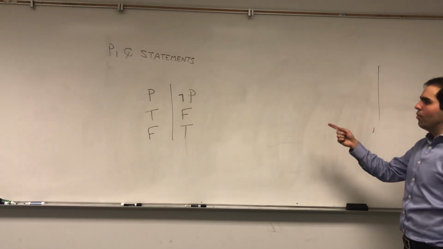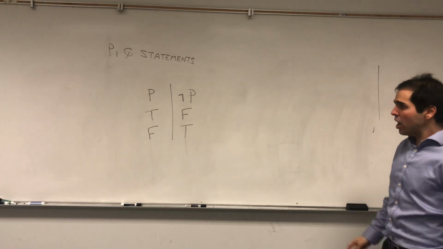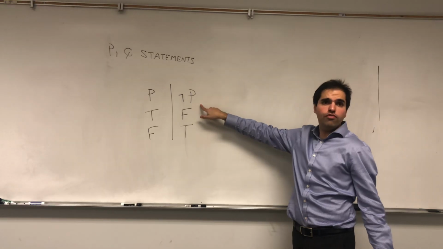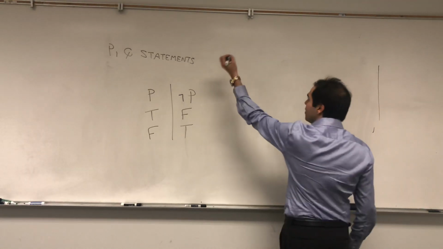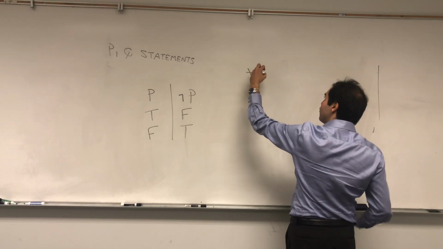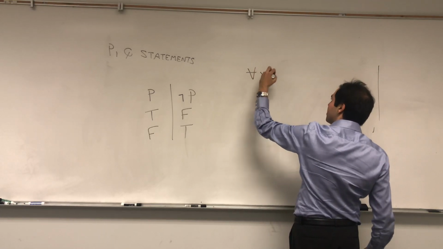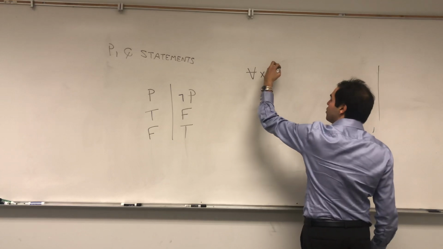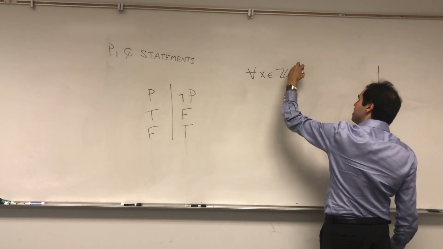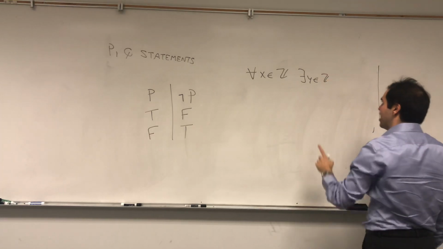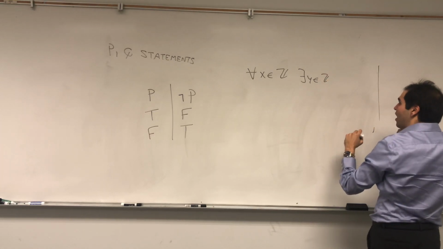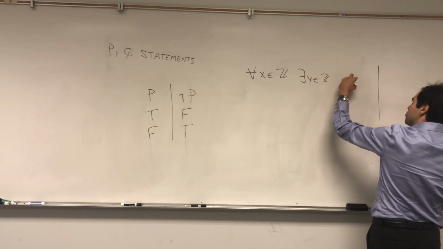Now, why is that useful? Sometimes it's easier to prove or disprove the negation than the statement itself. For instance, consider the following very complicated statement: for every integer x, there exists an integer y such that x equals y squared.